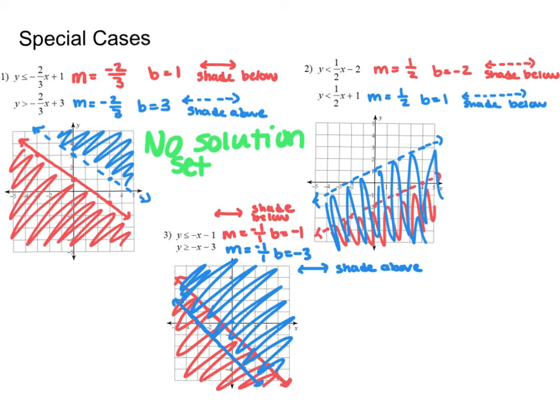If you look at the one in the top right corner over here, you can see that the red is this bottom area and the blue is this whole area. However, we are only looking for where they overlap. So the overlapping region is just this area right here, bordered by this dotted line.